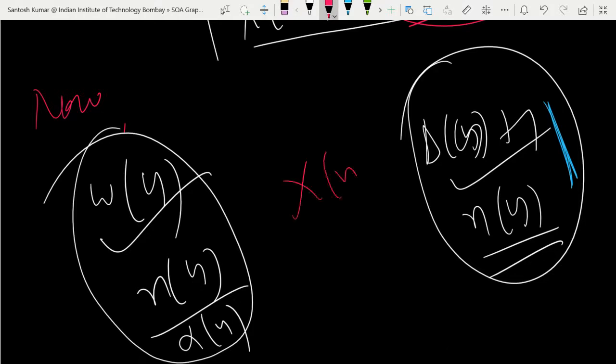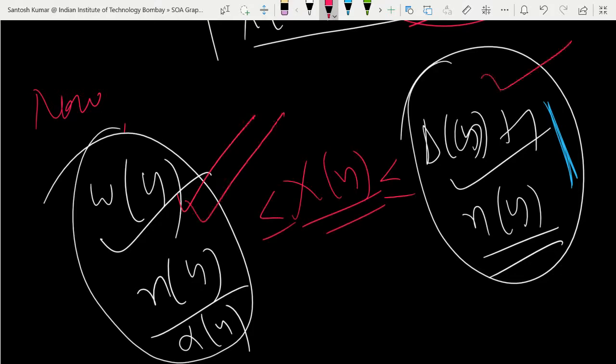So this is the chromatic number, these are the lower bounds, and this is the upper bound. So now you have both the upper bound and lower bound of a chromatic number.